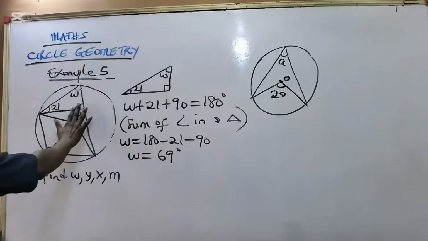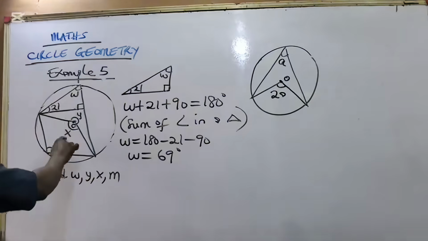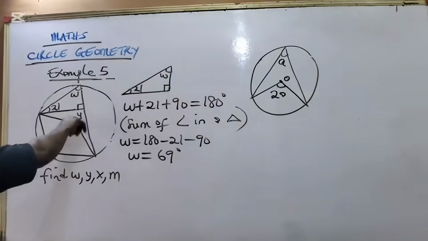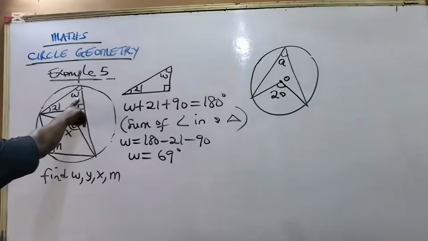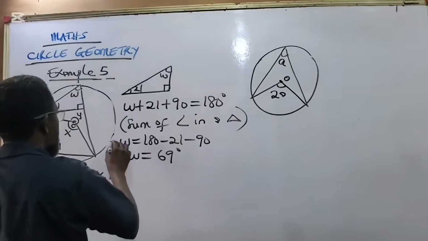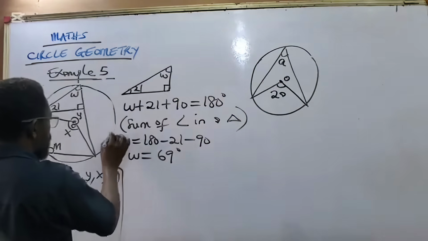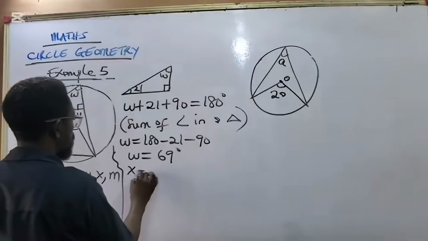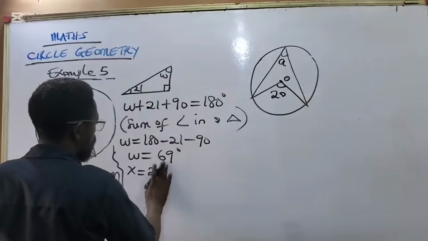Now to compare that diagram with this one here, if I remove this line now, and this one, I'll have this one, in the center, corresponding to this for that particular figure. So X is going to be double of what? W. X is going to be double of W. So we can have X equal to 2W.